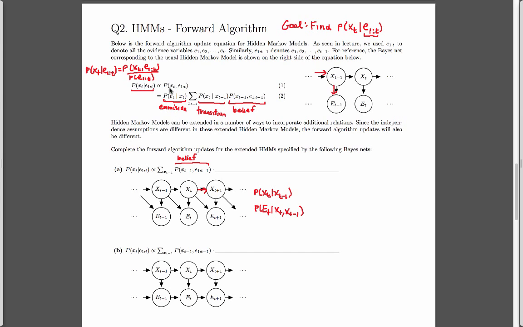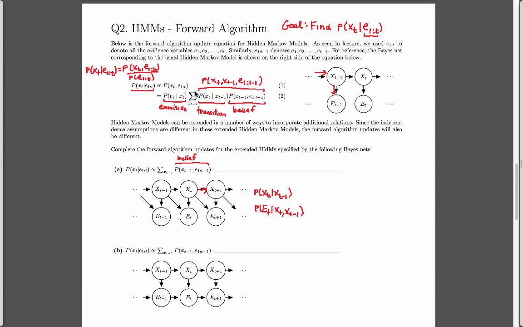And the reason why we have this update from here is that this thing inside here is equal to the probability of x_{t-1} and e_{1:t-1}.